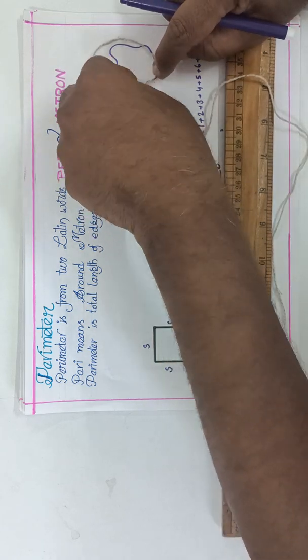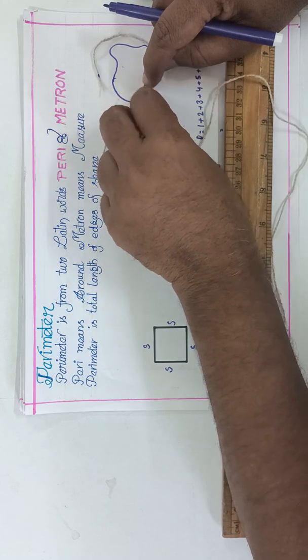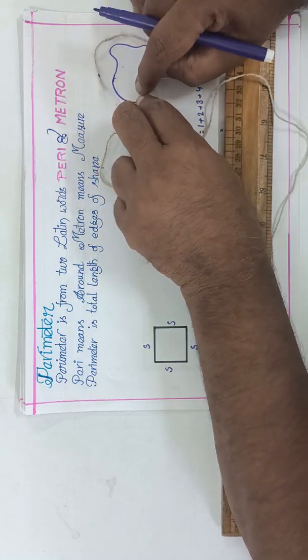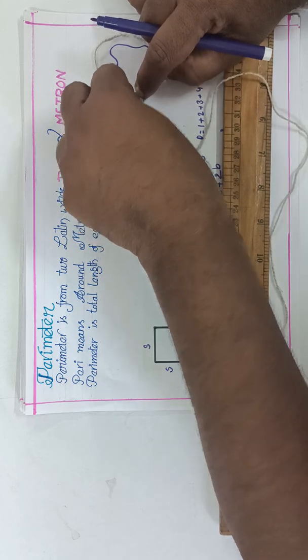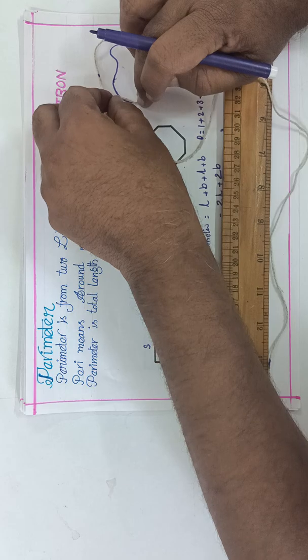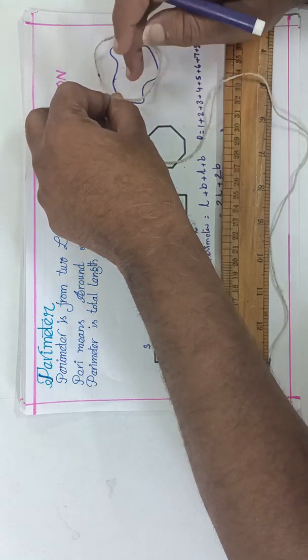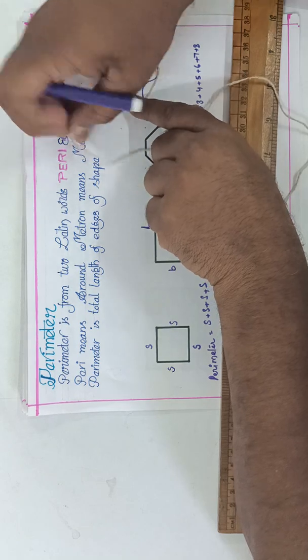Very slowly I have to do. Perfectly you have to place the thread on the shape, otherwise the length or the perimeter of the shape may come out wrong.